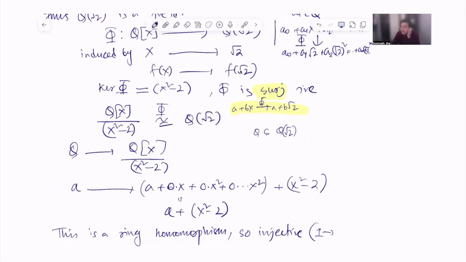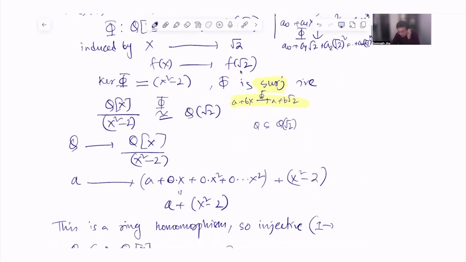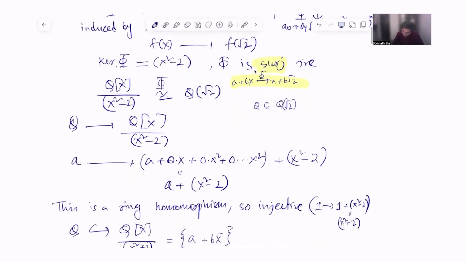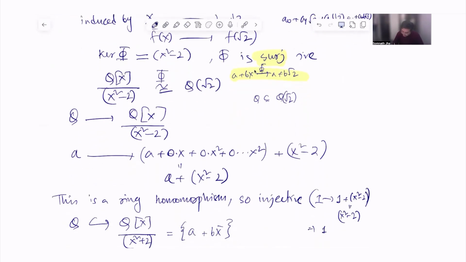So this is a field homomorphism, and what kind of field homomorphism is it? See, 1 is going to 1 plus I, where I is x squared minus 2, and 1 plus I is not equal to 0, because if 1 plus I were equal to I, then that would imply that 1 belongs to the ideal generated by x squared minus 2.